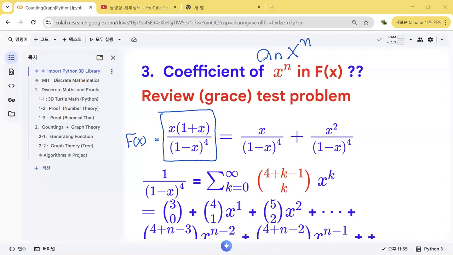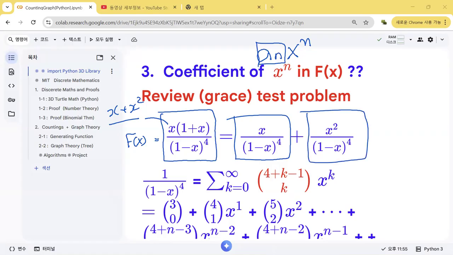This number is the formula. First of all, the numerator is x plus x squared, so this can be split into two parts like this.